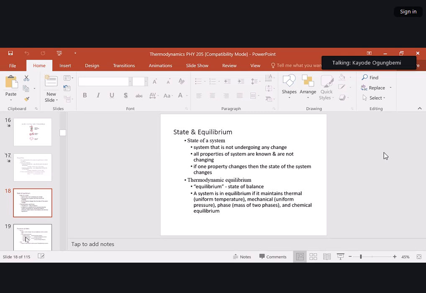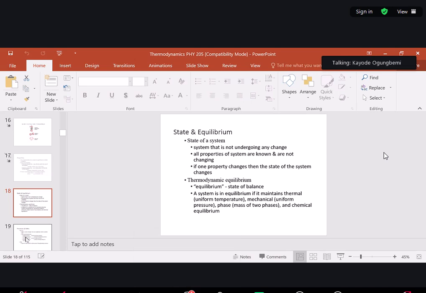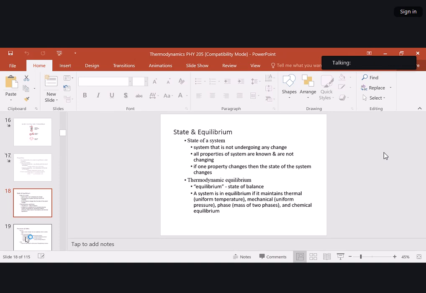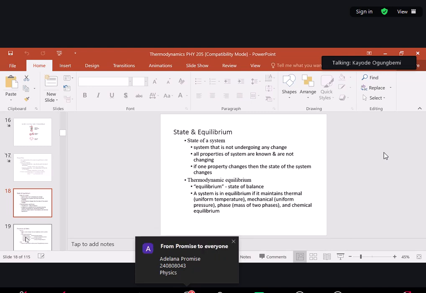The temperature does not change because the temperature is proportional to the energy, and variation in temperature is what can result in change of energy. So for a system to remain in a state of equilibrium, the energy must remain constant. If we talk about thermal energy, temperature must not change. If we talk about mechanical energy, the pressure must remain constant.